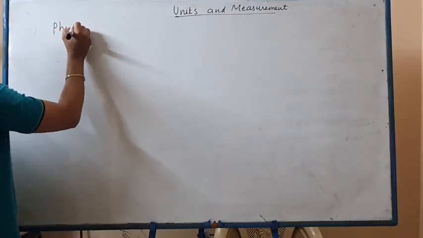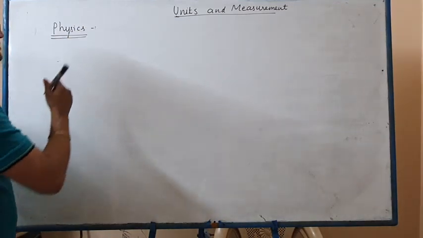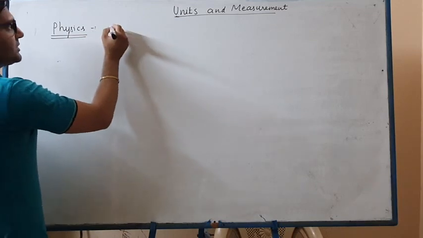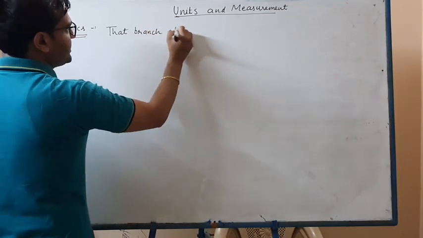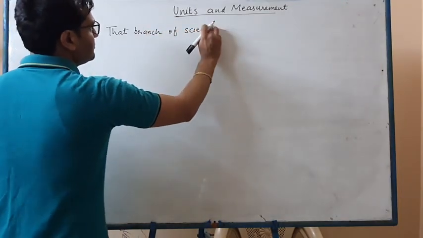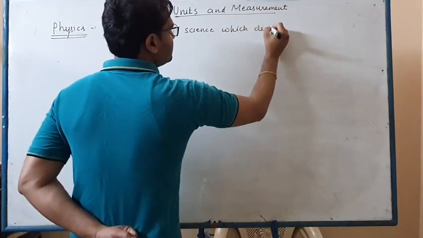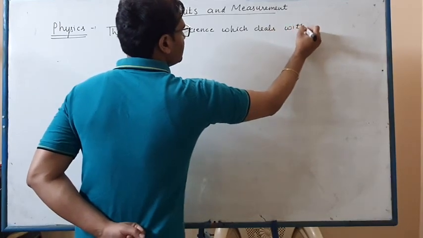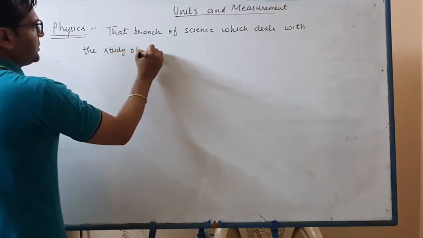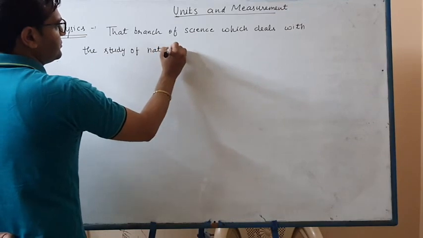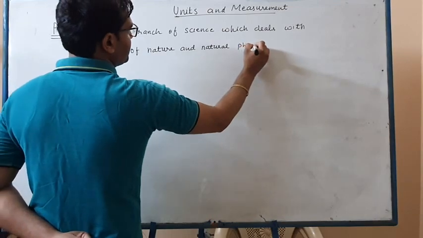What is physics? This is the first definition. Physics is that branch of science which deals with the study of nature and natural phenomena.